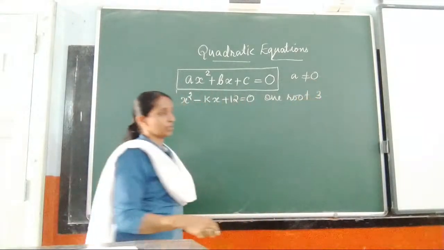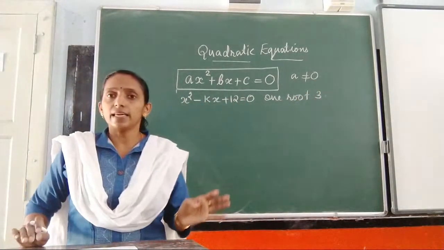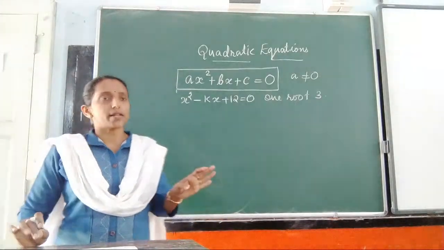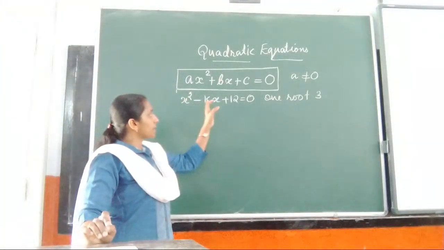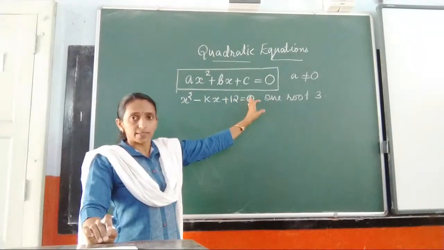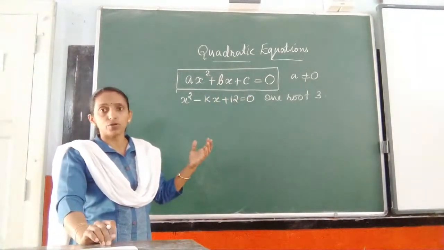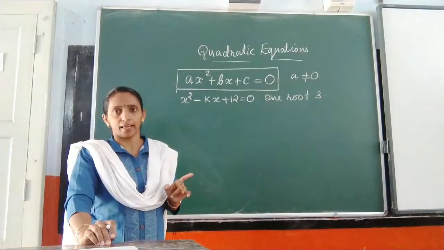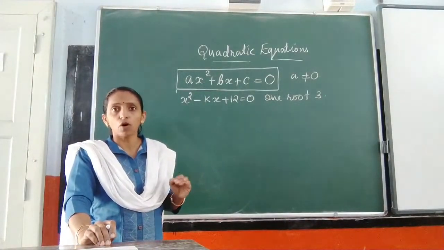Given that 3 is a root of the quadratic equation x square minus kx plus 12 equal to 0, what do we have to do? Find the value of k.